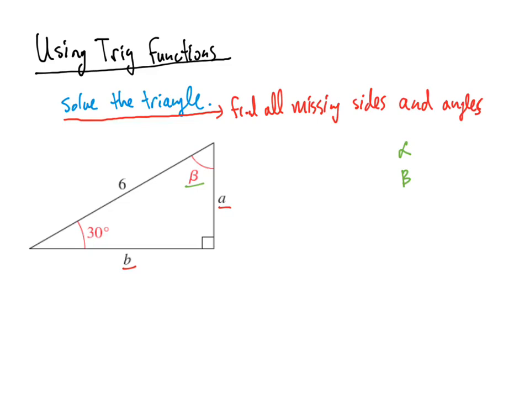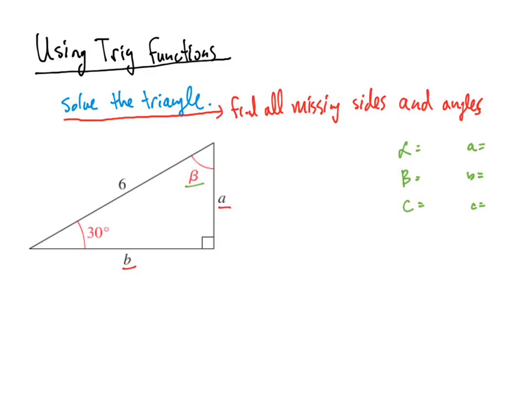So alpha, beta, let's call that side that's 6, let's call that C, or angle C, and then we'll say A, B, and C. And remember, we use lowercase letters for sides, and we use either capital letters or oftentimes Greek letters for the angles.